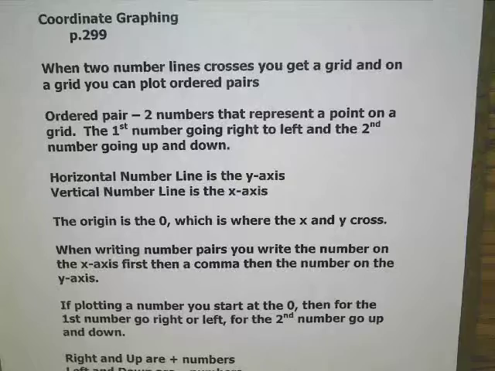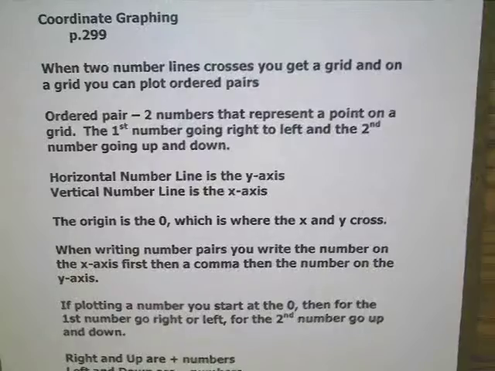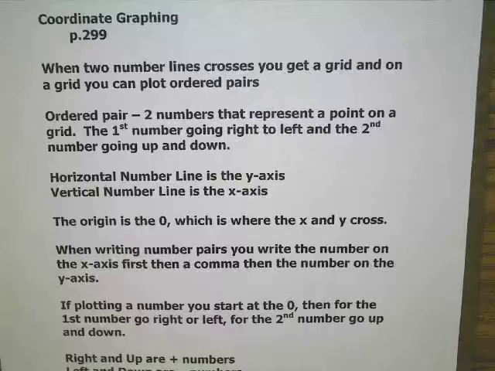When we read an ordered pair, it will always be two numbers, X and Y. So X, the first number, will go left to right or right to left on the number line.